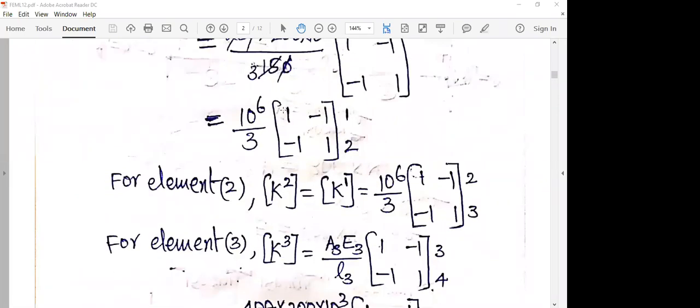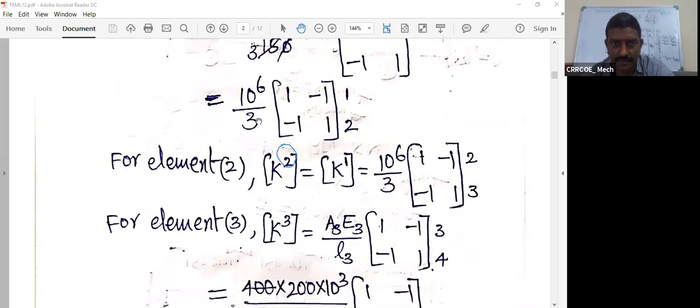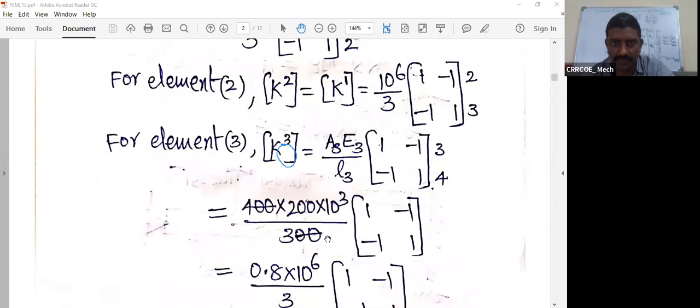Okay, element stiffness matrix for element 1. So these are the stiffness values in the matrix. So this value is K11. Okay, for all these three matrices, K1, K2 and K3, the common factor is 10 power 6 by 3.